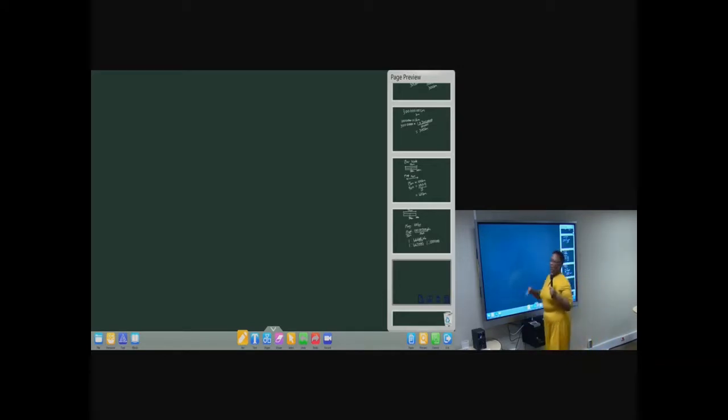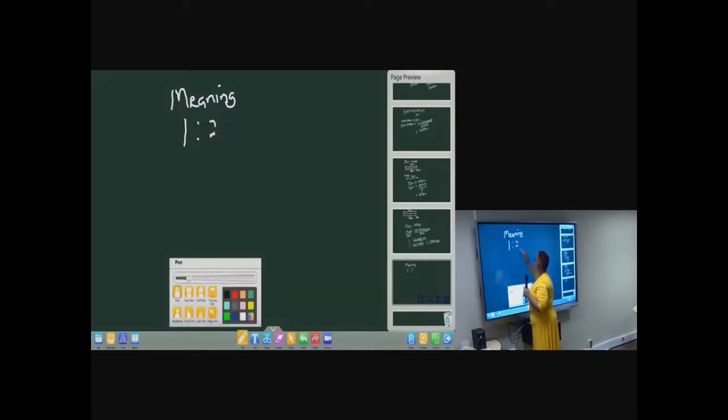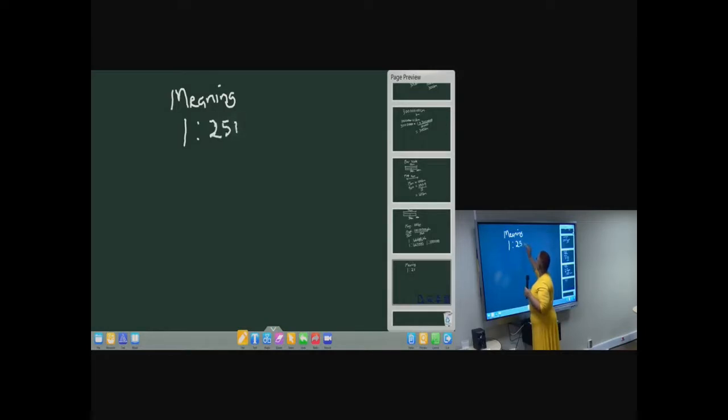Next thing which can be asked is, what is the meaning of a scale? Given a scale, 1 is to 2,5 million, the scale which we had, what is the meaning of the scale? I told you that a scale does not have units.